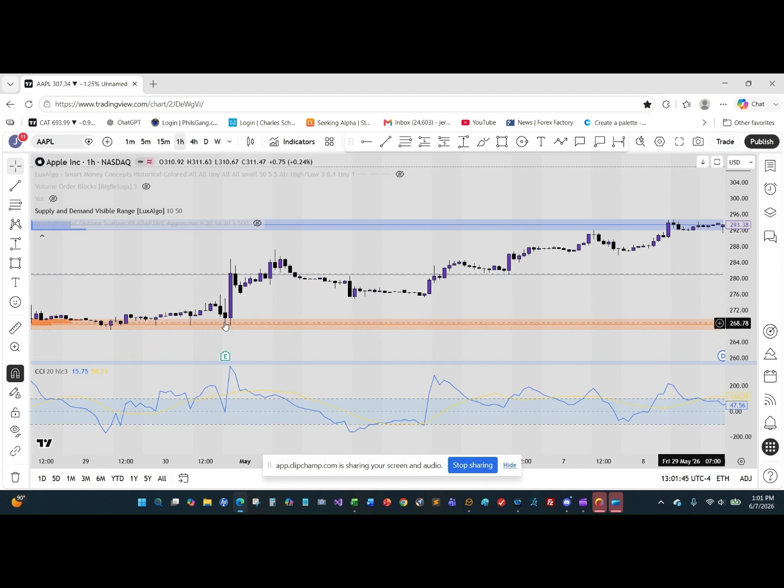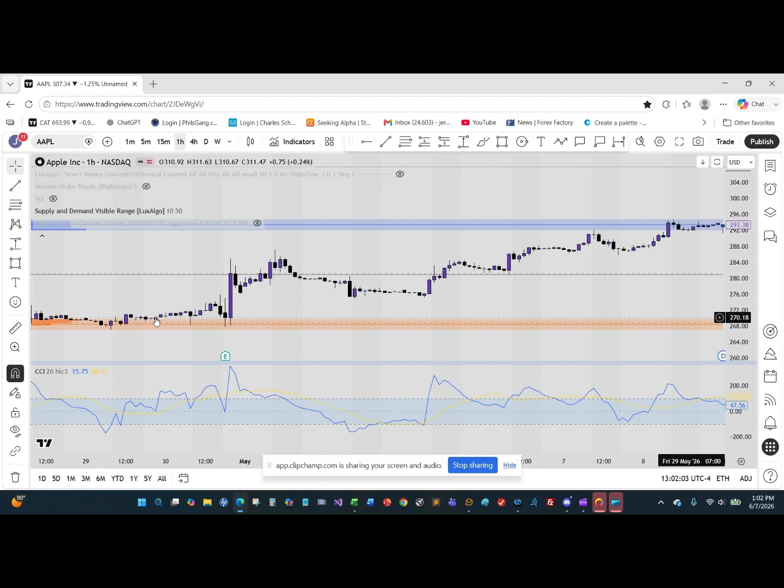But let's look at this area right here, like I was saying. Now take our view down here to this CCI indicator, and if you line them up, look right here at this candle.